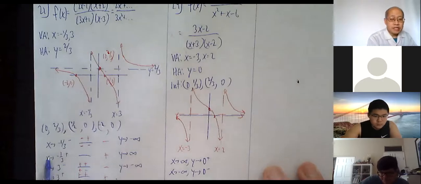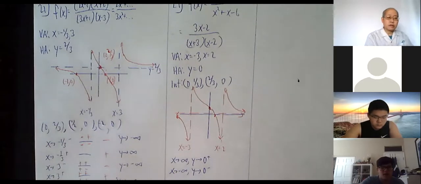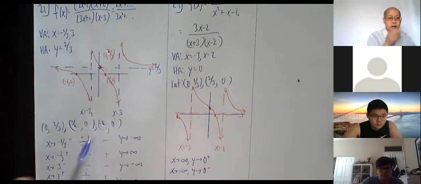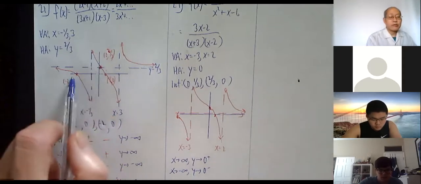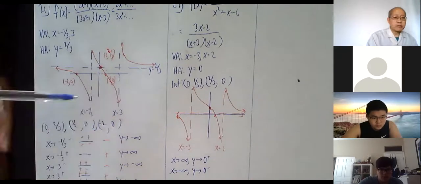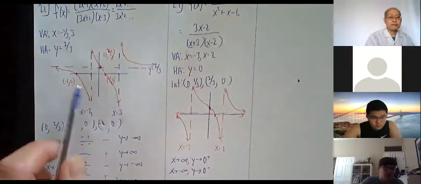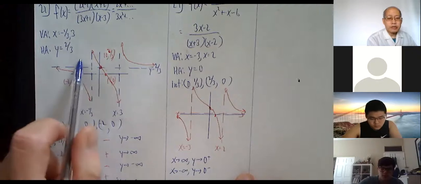I already plugged in 0, which is a little bit to the right of -1/3. It shoots up like crazy. So again, when I approach an asymptote, either from the left or from the right, it's either going to go to infinity or -infinity. One or the other. So y approaches infinity.